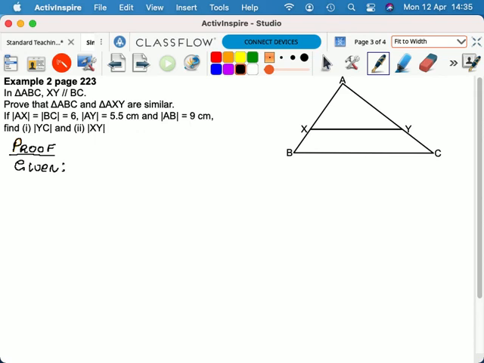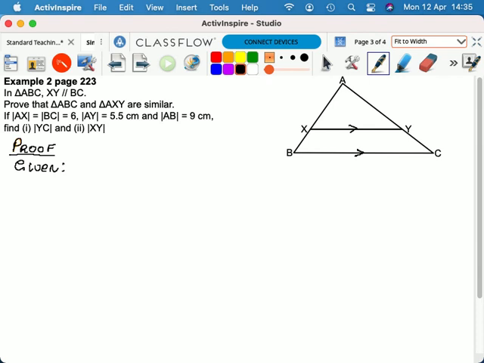Two triangles. What are the two triangles? ABC and AXY. What do we know about these two triangles? One is superimposed on top of the other. What else do we know? We know that the line XY is parallel to the line BC.